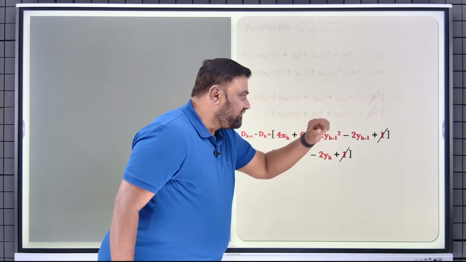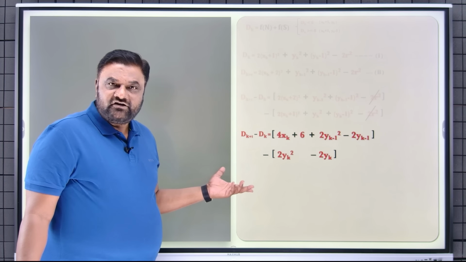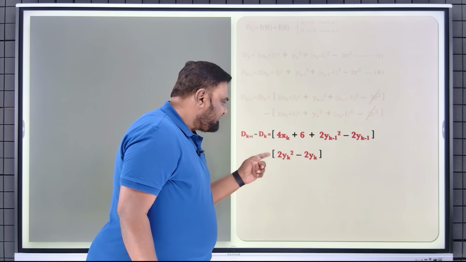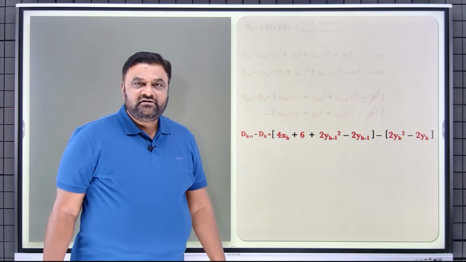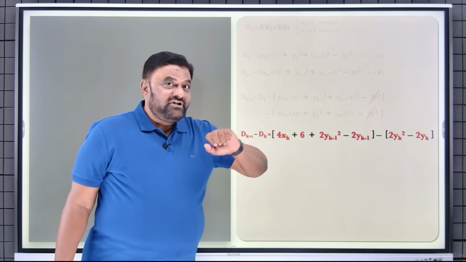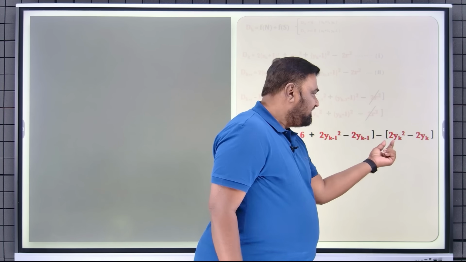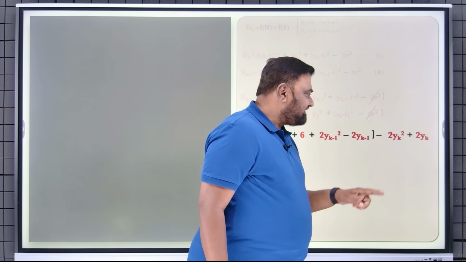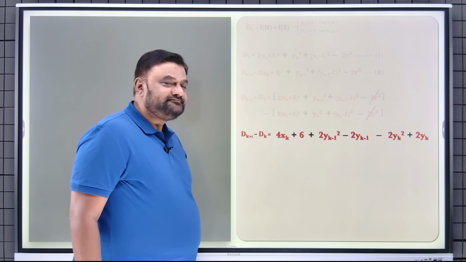So this one is gone and this is also gone. It's simplified a lot. Make it closer. Let us take it on this side. Now if you open the bracket, then this term will be negative, this becomes positive. I'll remove this bracket. So this is negative and this is positive. And remove these brackets also.